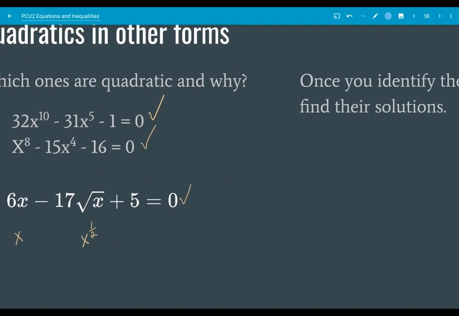In order to make this work, we do what we call a U substitution.